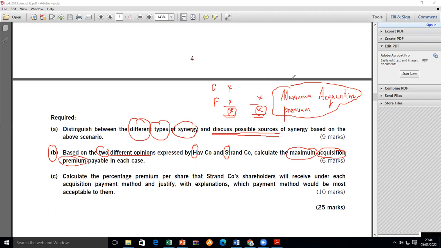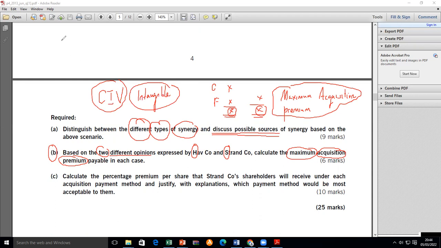Another reason why I bring this question is because it has the CIV, calculated intangible value. So this question is one of the few that demonstrates how to value an intangible asset using the CIV approach. I want to see how the CIV approach works here.